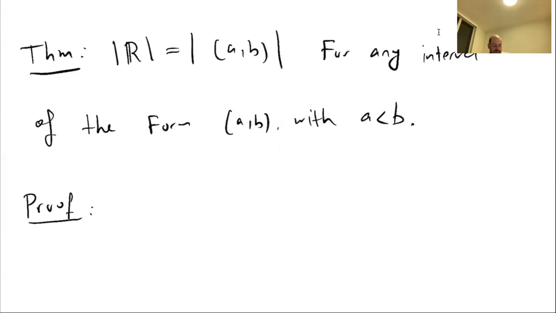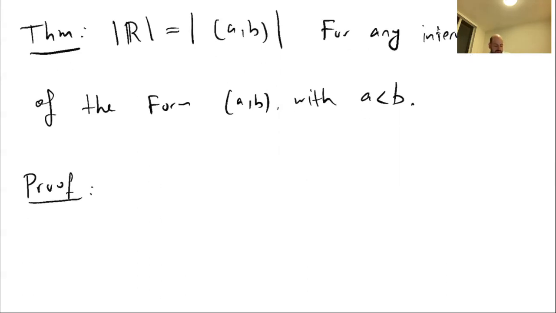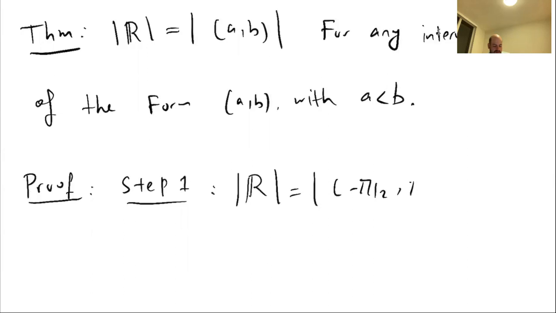So I want to prove this in 2 steps. Step 1: the cardinality of R is equal to the cardinality of minus pi over 2 to pi over 2.